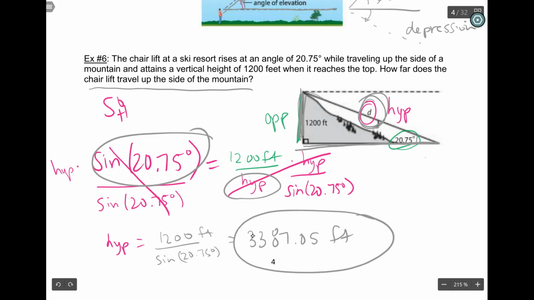If you have a low angle, this height is going to be way smaller than the hypotenuse. I don't know if this picture appears to scale, but if you have a really steep angle, this height is going to be pretty long and closer to the hypotenuse, versus the shallow angle up here, where you have a short opposite side and a long hypotenuse.